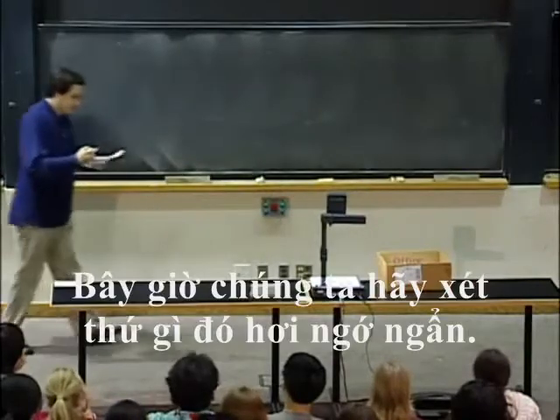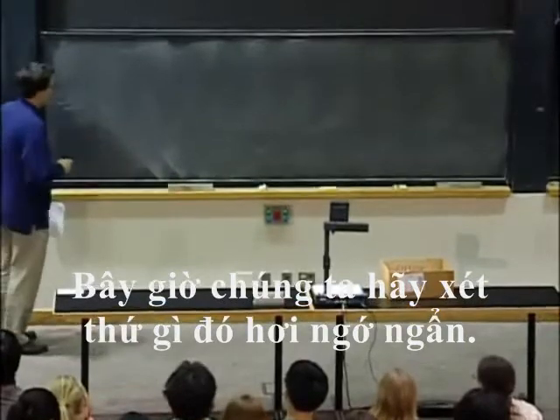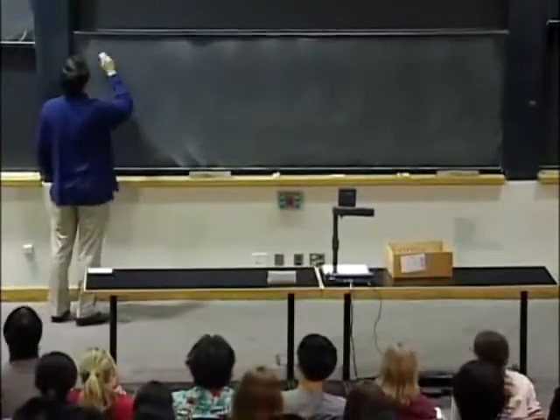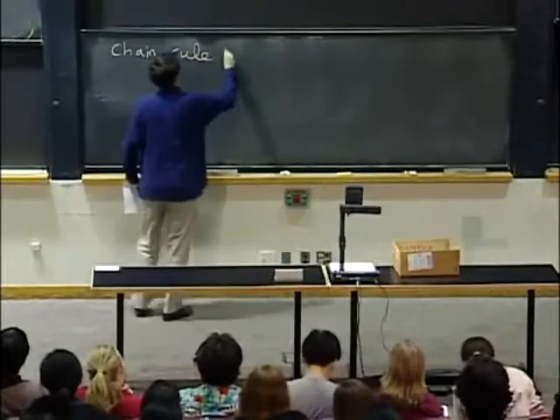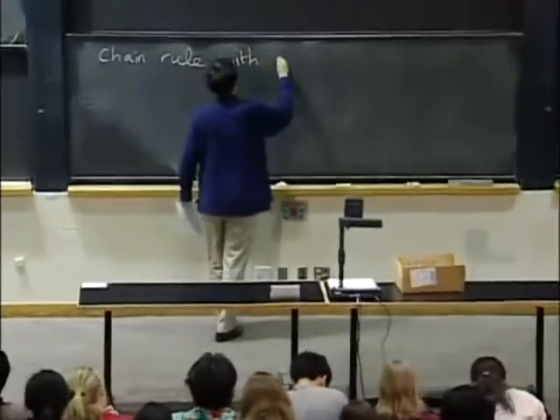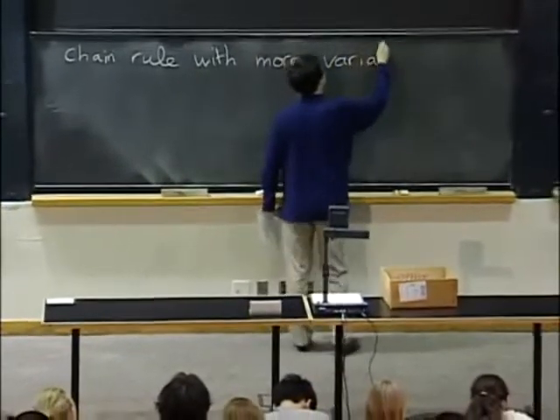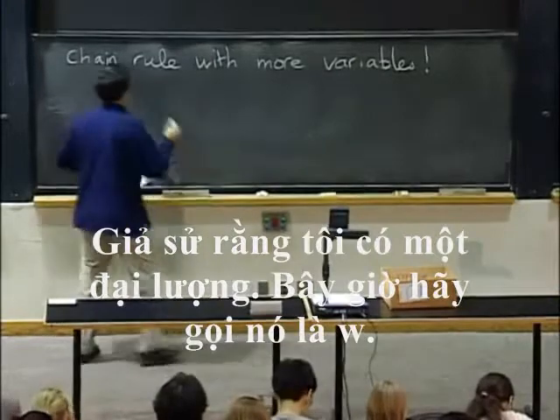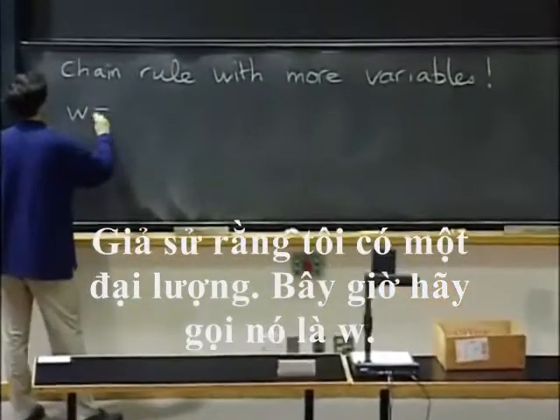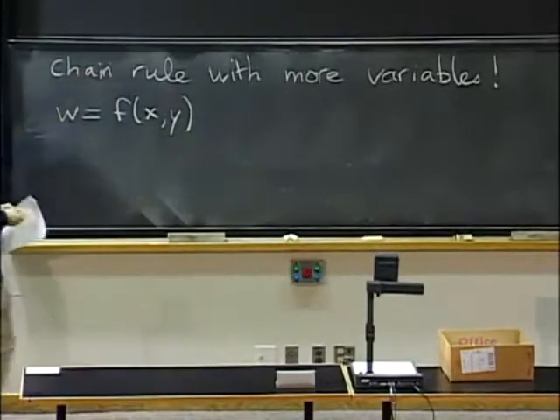Okay. Now, let's go to something even more crazy. I claim we can do chain rules with more variables. So let's say that I have a quantity, let's call it W today for now.